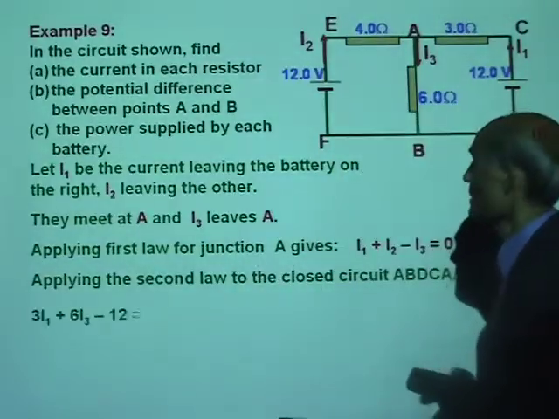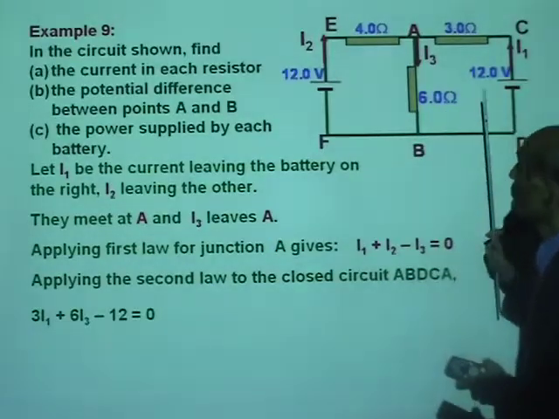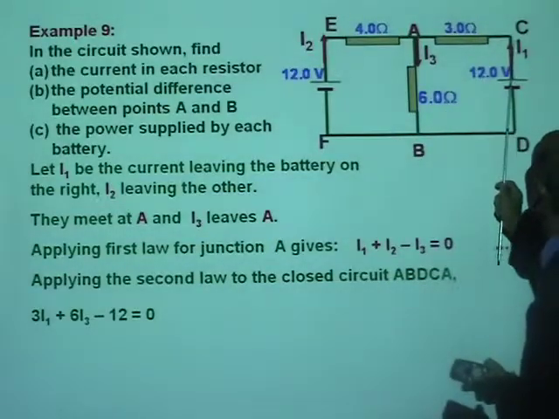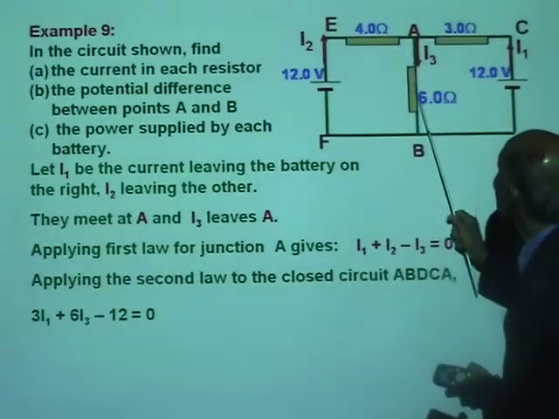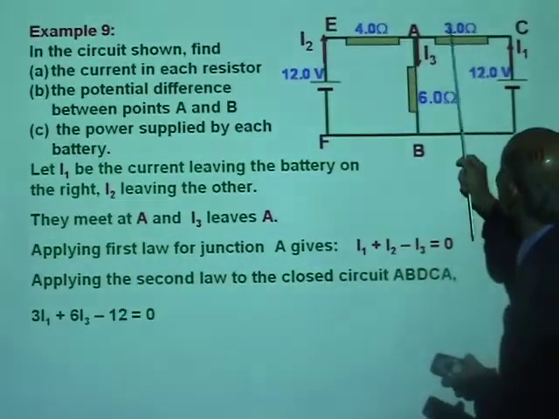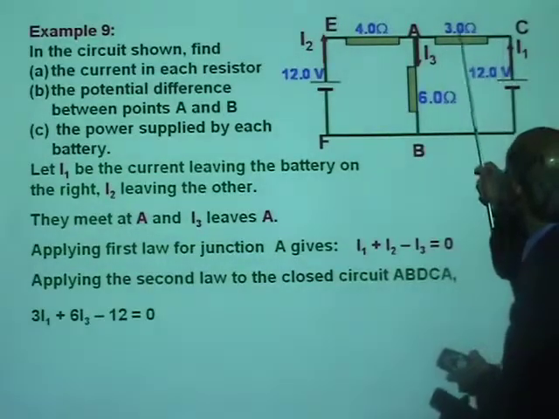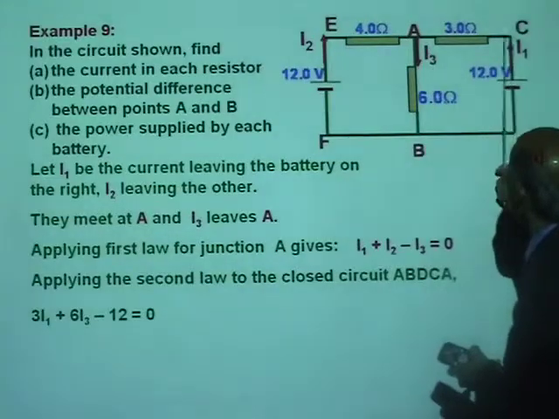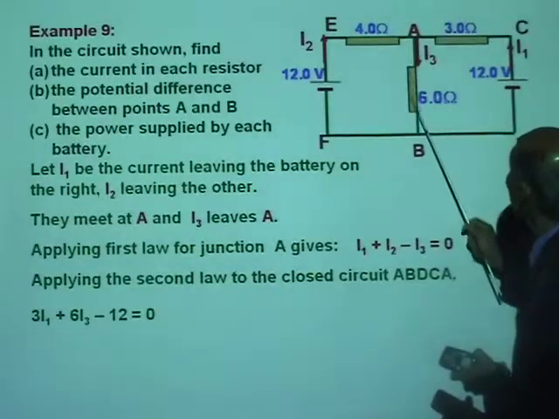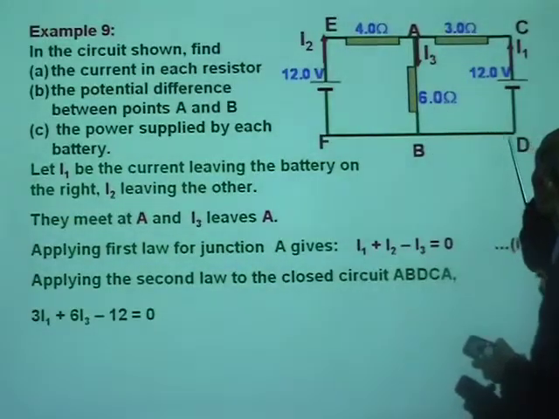C, A. So, it will be therefore 3I1, the current in the 3 ohm is 3I1, plus 6I3. Potential drop across the 3 ohm is 3I1, potential drop across the 6 ohm is 6I3, so 3I1 plus 6I3, the potential drop across the cell.